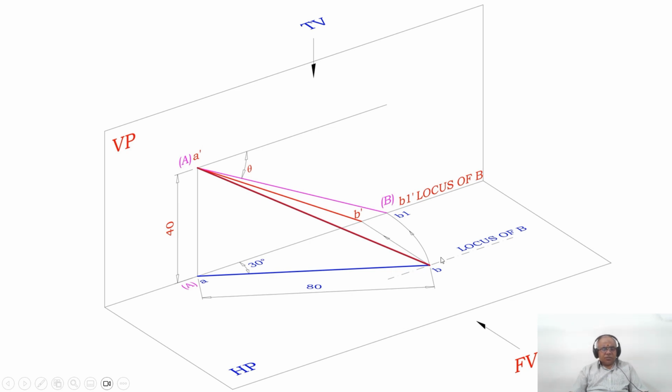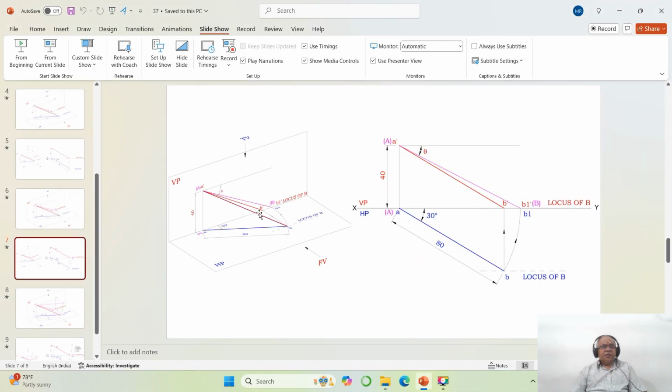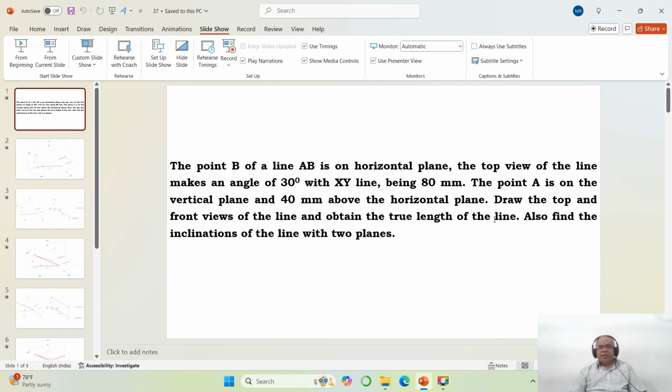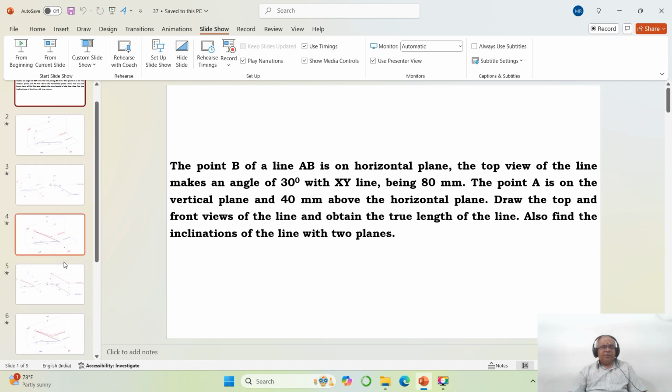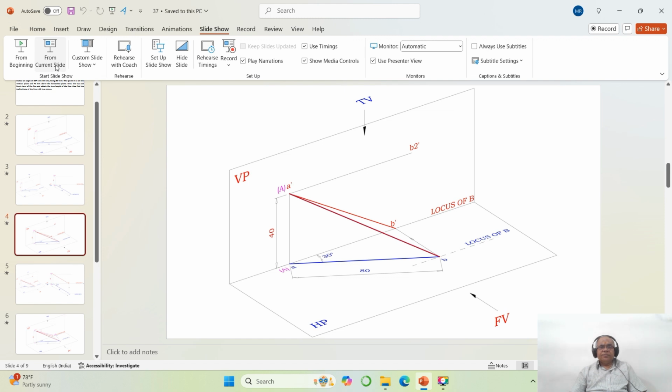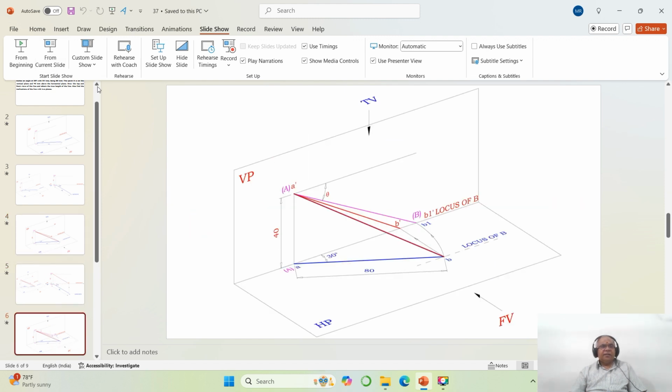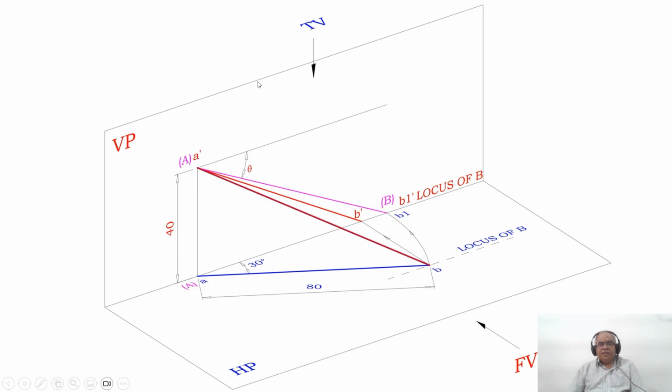Here you can see the other end point of B. The point B is on the horizontal plane. Since the point B is on the horizontal plane, naturally its image can be seen in the vertical plane.